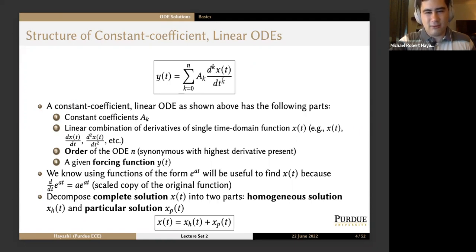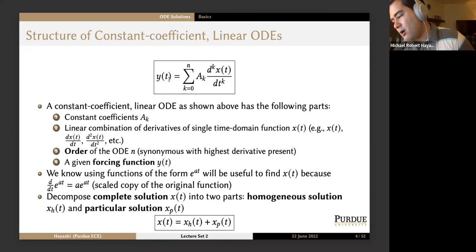So we've got the zeroth derivative, x of t, first derivative, dx of t dt, second derivative, d squared x of t dt squared, and so on. So we've got a linear combination of derivatives. The order of the differential equation: we're summing from the function itself up to n, where n is that order. It's synonymous with the highest derivative present. And we have this all equal to a forcing function called y of t.